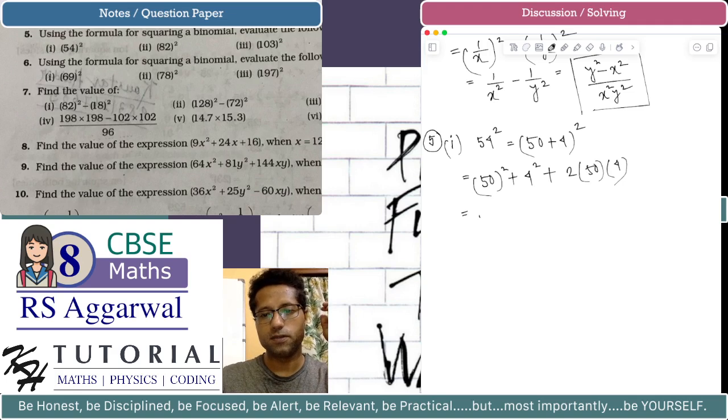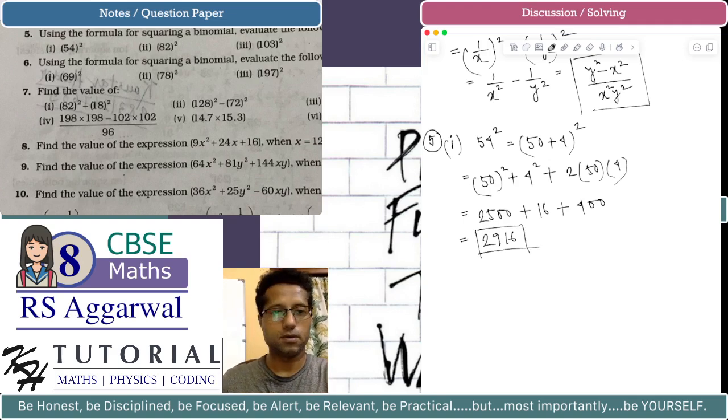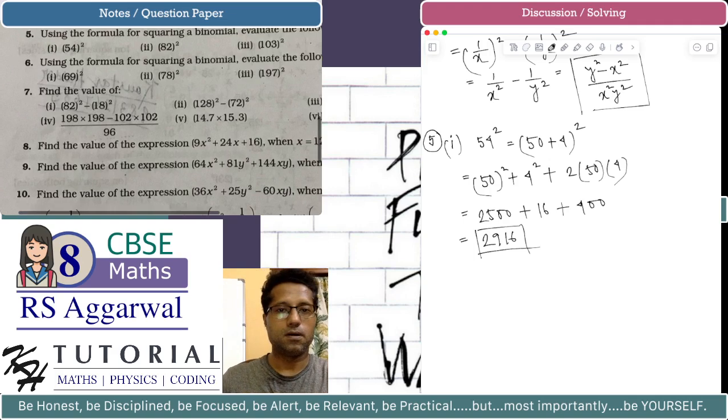Now 50 square is 2500, 4 square is 16, and we have 2 into 50 into 4, that is 400. So now this becomes 2916.